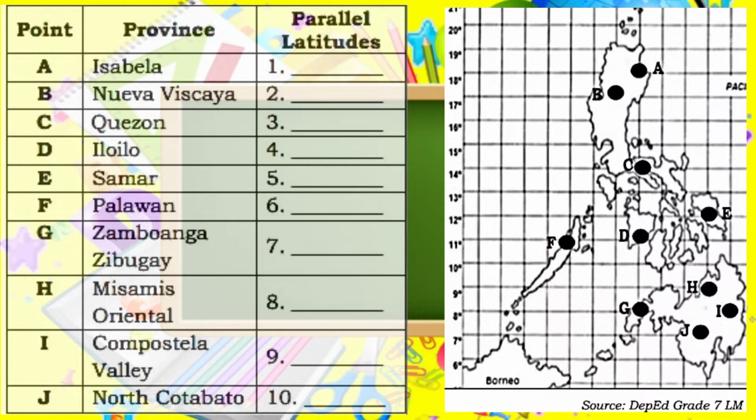Isabela, 18 degrees north. Nueva Vizcaya, 17 degrees north. Quezon, 14 degrees north. Iloilo, 11 degrees north.